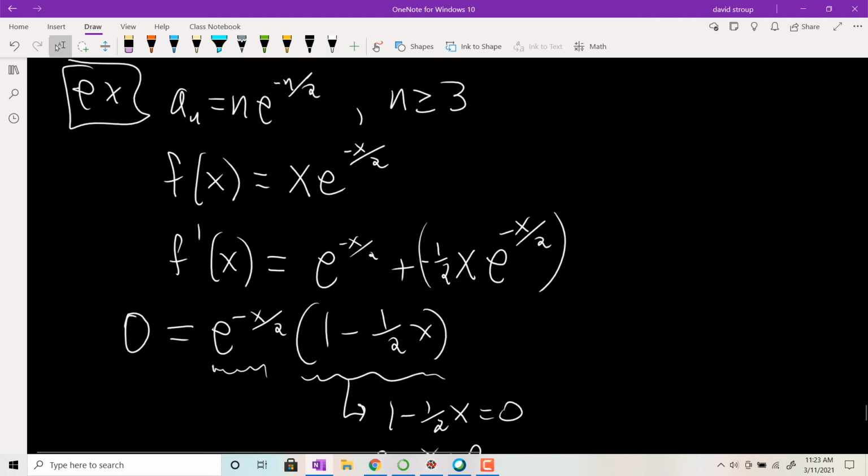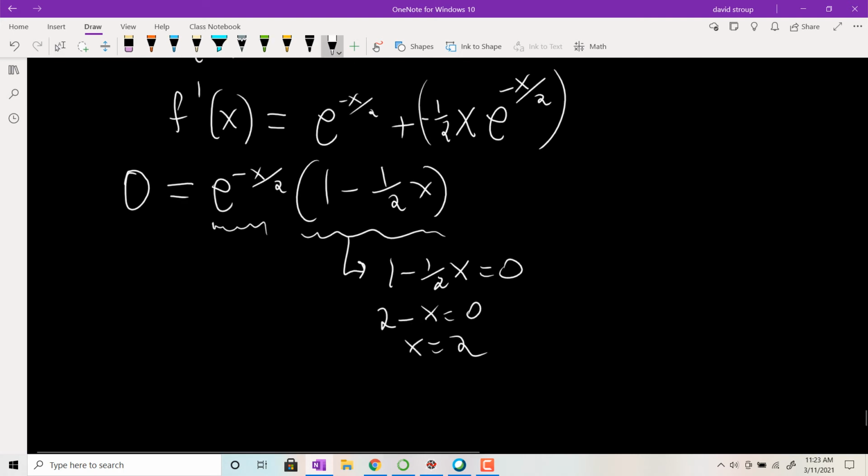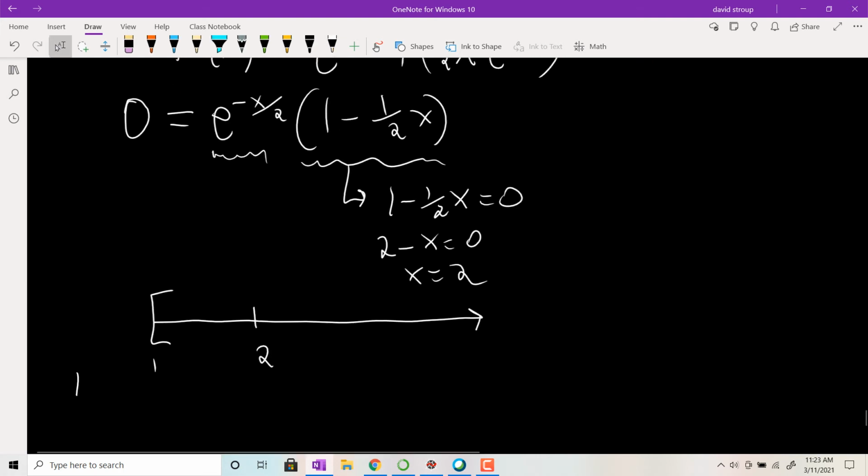Okay, so you could still do your little sign chart, starting at 0, or maybe even at 1, and then here's the critical point at 2, and then you could do your test values and your signs and your conclusions.